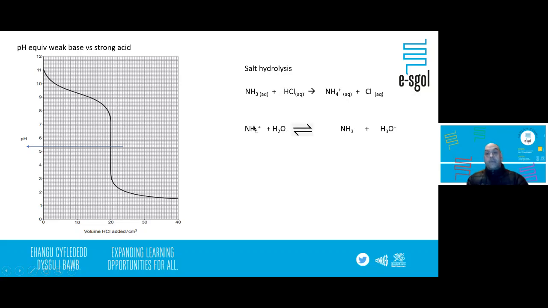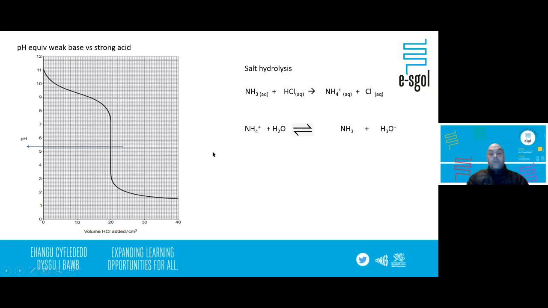You can see that the ammonium ion acts as a Lowry-Bronsted acid, sorry, I said base, and generates H3O+. In the water, what we're generating is H3O+ or H+ ions, and therefore our concentration of H+ ions has gone up, and our pH is no longer 7.